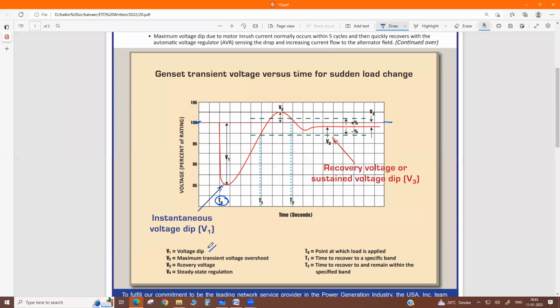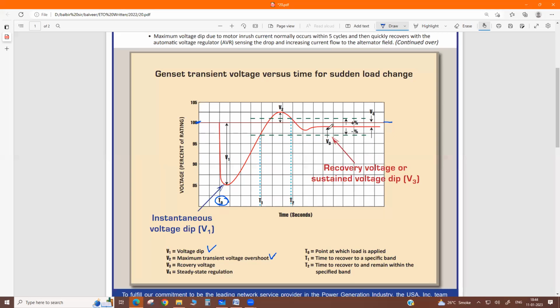Then it starts to recover after the maximum dip, then goes above the reference. So it is overshoot. V2 is the maximum transient voltage overshoot, above the reference voltage. Then it again goes down, completing one cycle, then becomes steady state with a plus or minus percentage error.